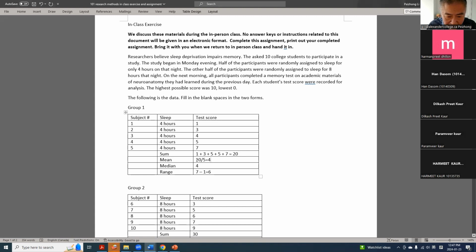And then the mean is the sum divided by the number of people in the group. So the mean is 20 divided by 5.